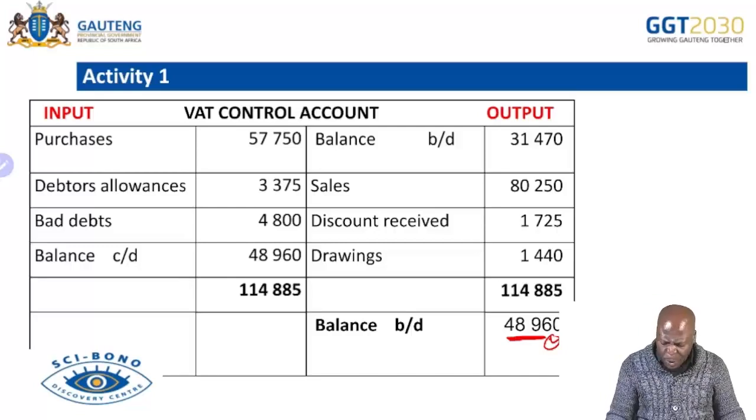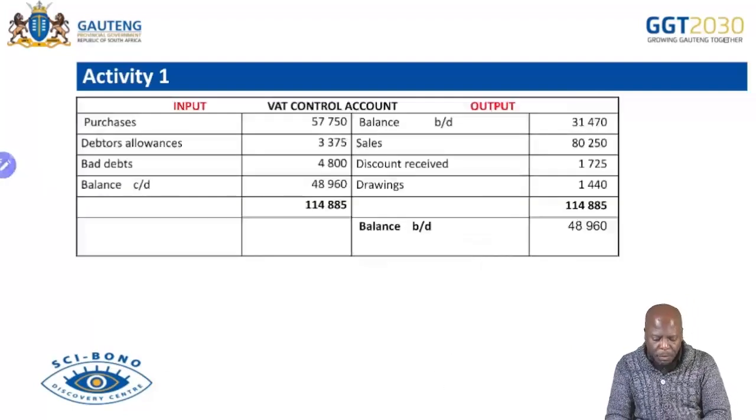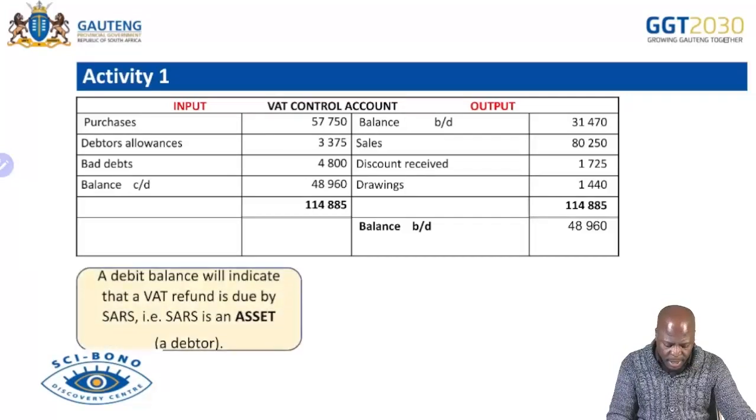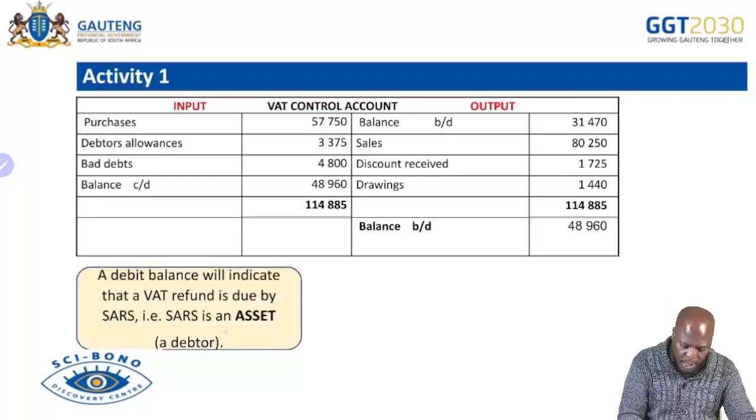Now, I want us to remember it's on the credit side. Already they told us that it is payable. Once it's on the credit side, you'd know that it is payable. I want to make you understand that a debit balance will indicate that a VAT refund is due by SARS.